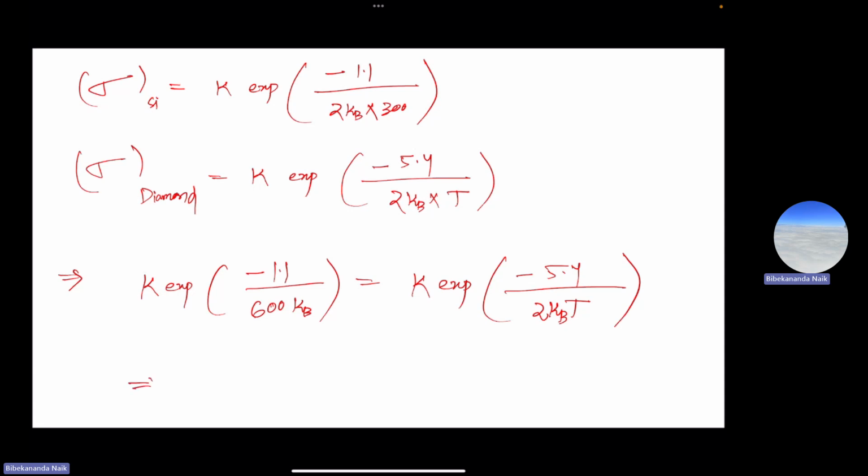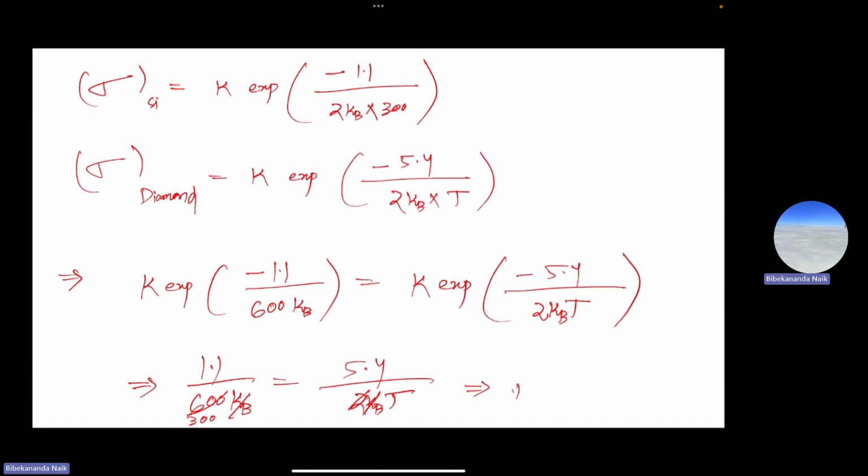So very simply we can say 1.1 by 600 kB is equal to 5.4 by 2 kBT. Again kB gets cancelled out, and if the 2 cancels, it will be 300.